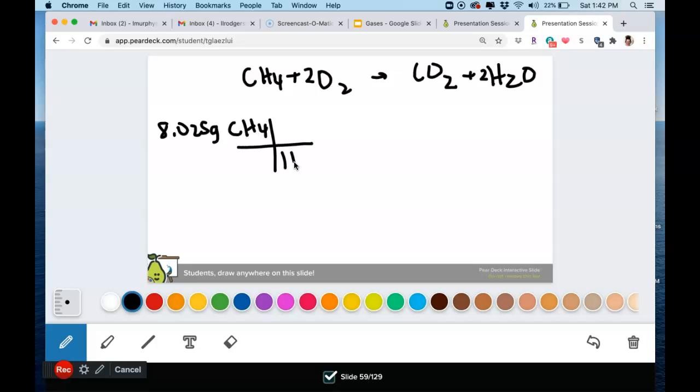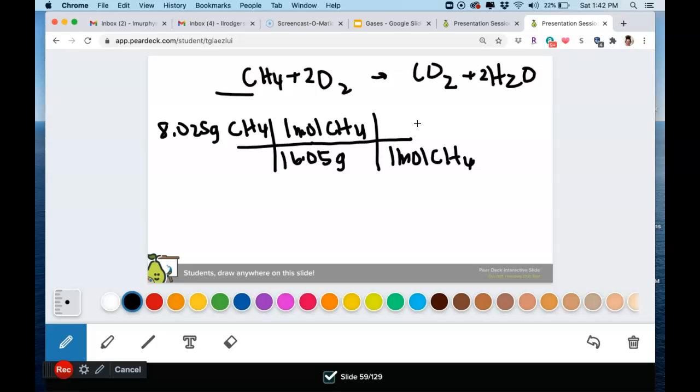Okay, turn grams into moles. Okay, and they want to know about oxygen, right? So now we're going to do mole ratios. For every 1 mole of methane reacting, there's 2 moles of oxygen reacting. So now that gives me moles of oxygen.